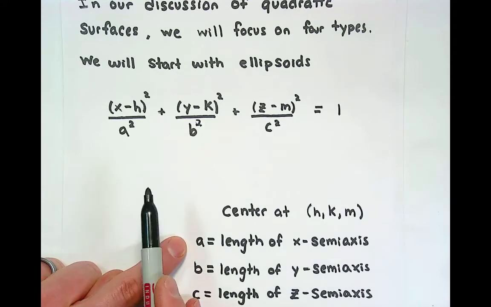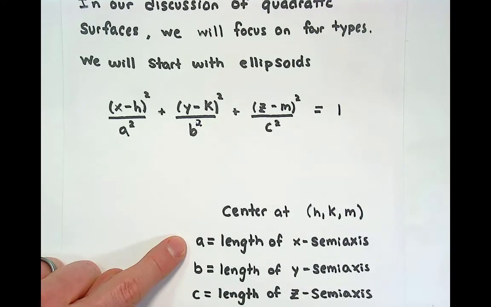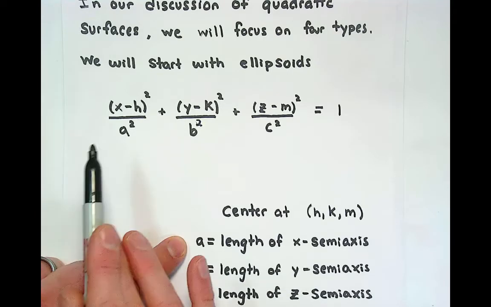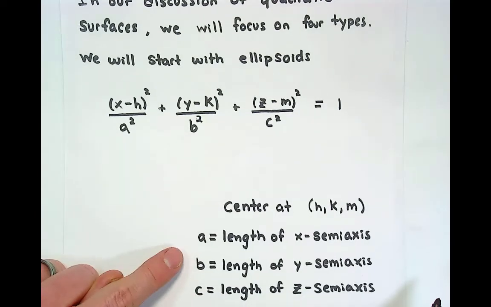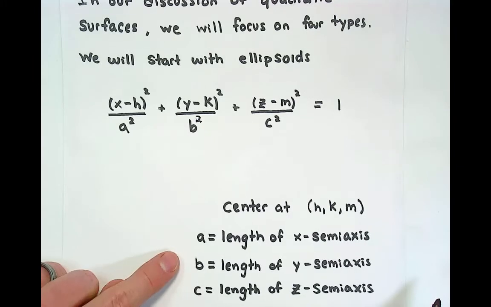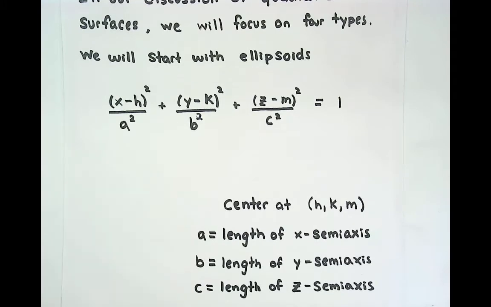And then the denominators of each fraction represent the lengths of the corresponding semi-axes. So here we say that a is the length of the x semi-axis. b, of course, is the length of the y semi-axis. And then the new piece of information for ellipsoids in R3 is that c is the length of the z semi-axis.